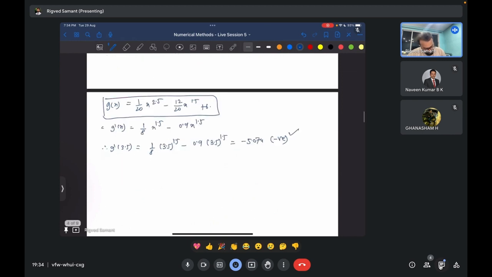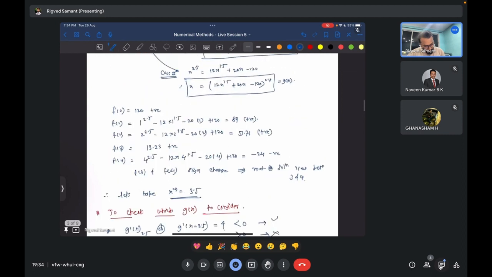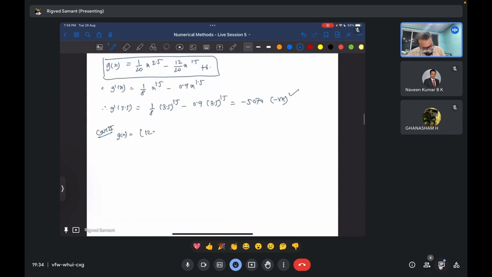Just for completion's sake, let's say case 2 is g of x equal to 12x raised to 1.5 minus 20x plus 120, the whole raised to 0.4.